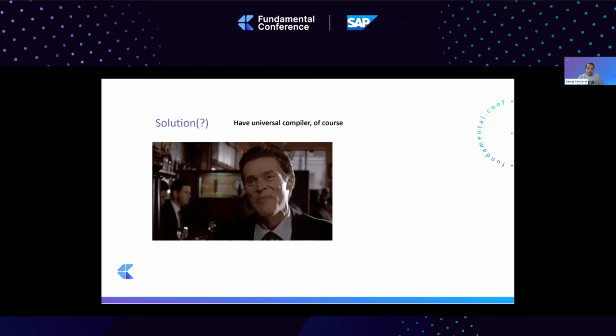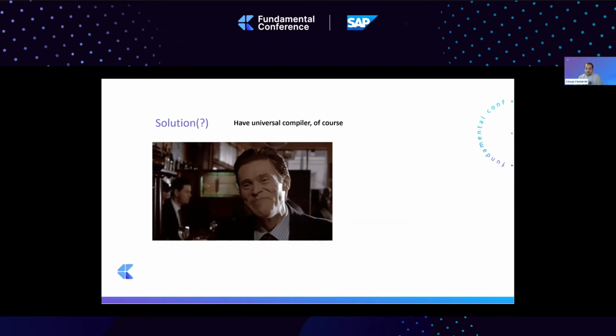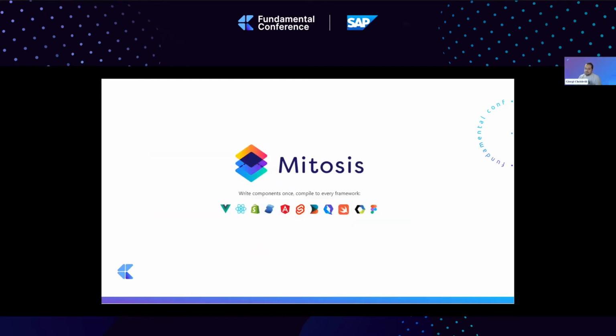The solution would be to have a universal compiler, of course, right? So here's Mitosis. To achieve that universality, a few smart people gathered and thought how such a thing might work and how such a thing might even be feasible.